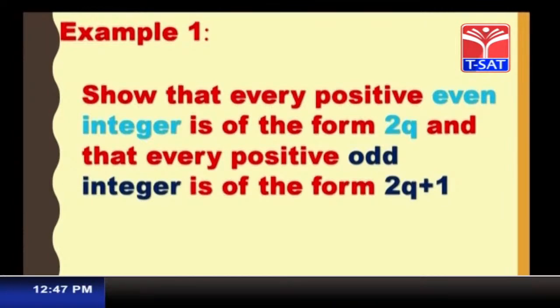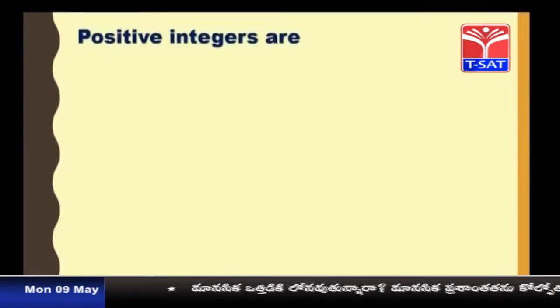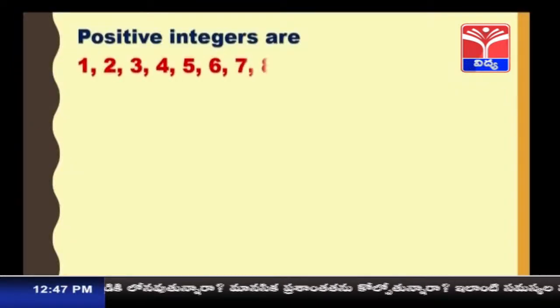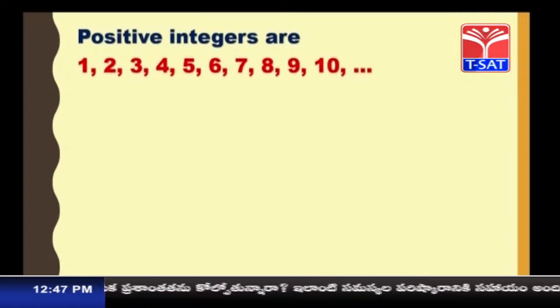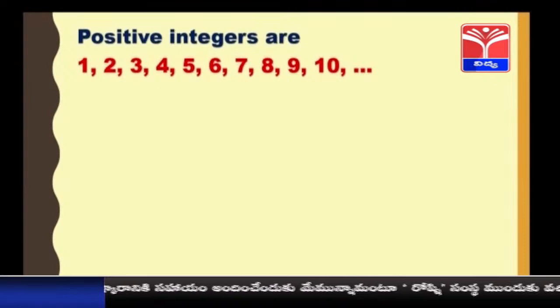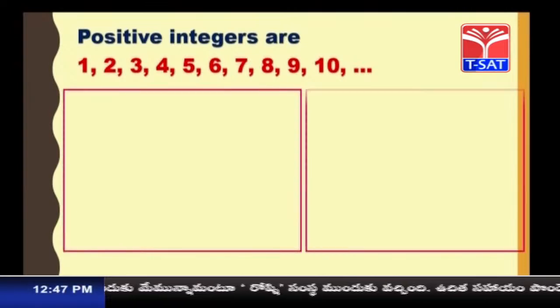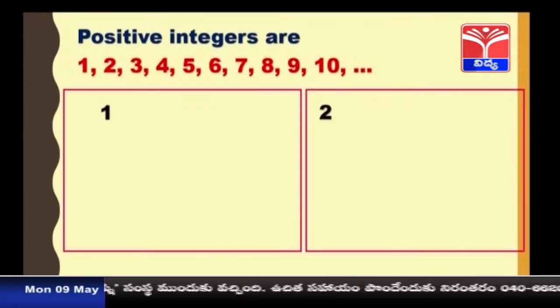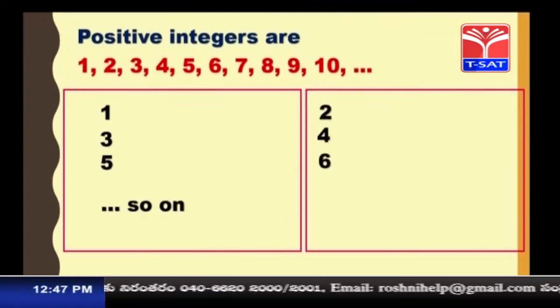First let us see the problem visually, and then solve the same problem using Euclid's division lemma. In visualization, the positive integers are 1, 2, 3, 4, 5, 6, 7, 8, 9, 10 and so on.